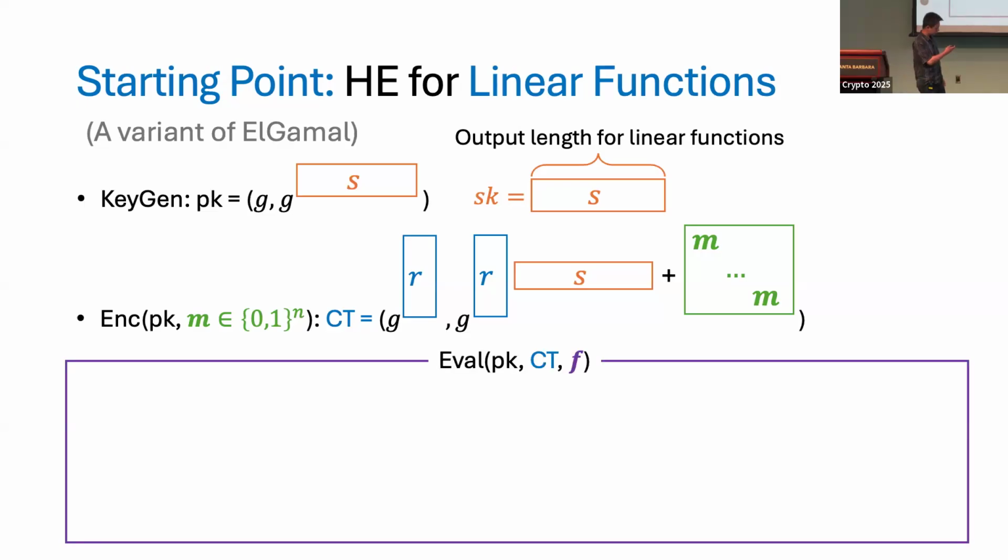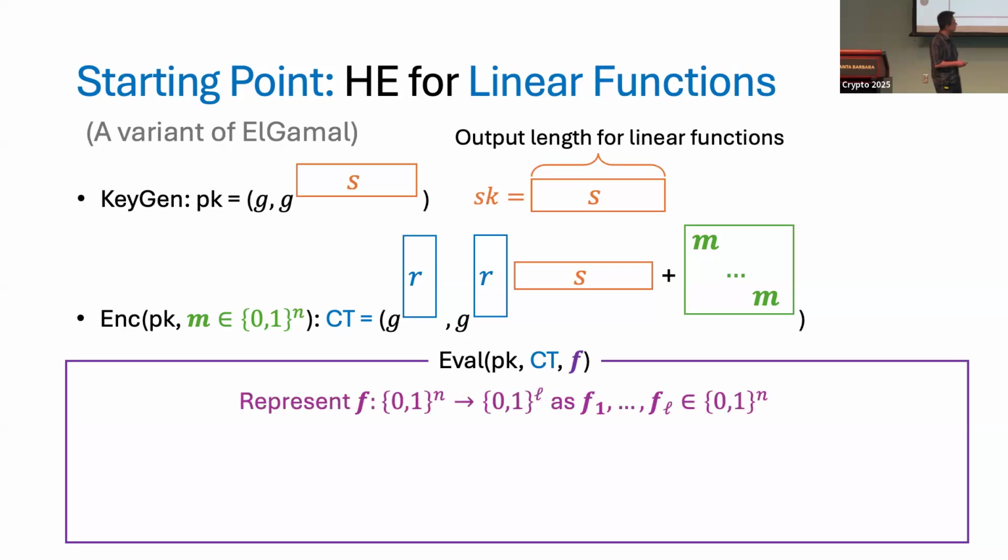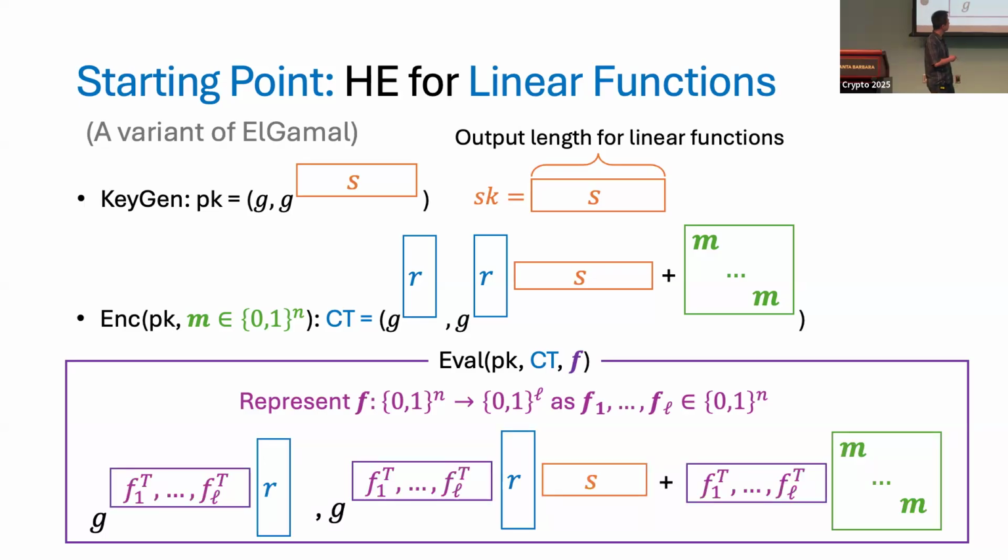Now to evaluate a multi-bit output linear function f, we first represent this f as a bunch of column vectors from f1 to fl. Each vector corresponds to one bit in the output of this function f. Then we just homomorphically multiply this vector f on the left of this ciphertext. Then we get the homomorphically evaluated ciphertext. So we just multiply this f on the left, then we get this element. And if you multiply f on the left of this, then you get the second component.